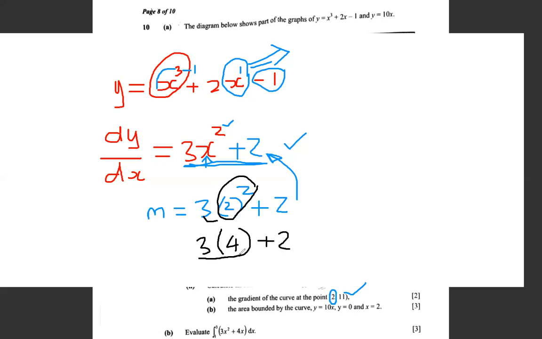So 3 times 4 gives us a 12. So this 12, we add a 2. And therefore, our gradient is going to be m is equal to 14. So the gradient of a line where x is equal to 2 is 14.